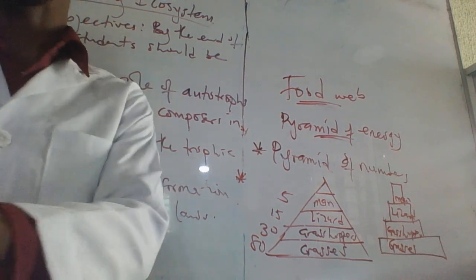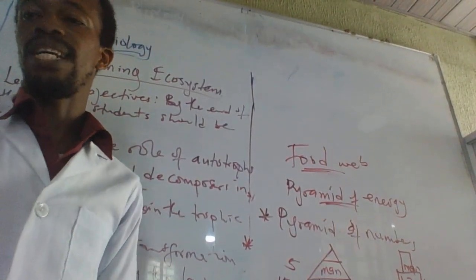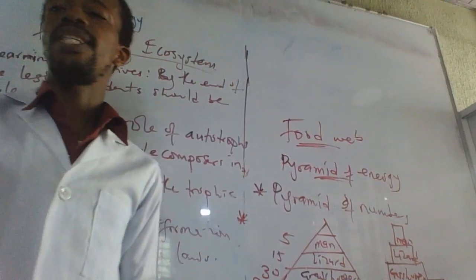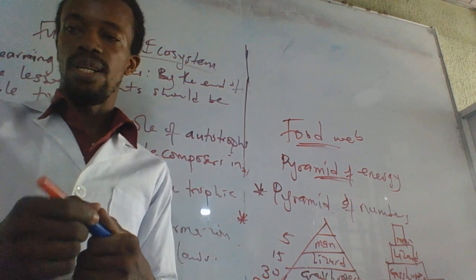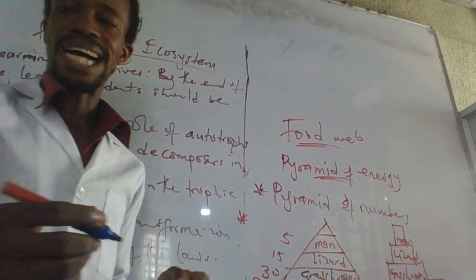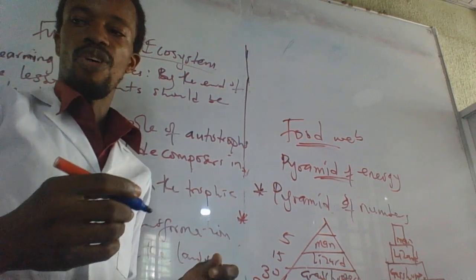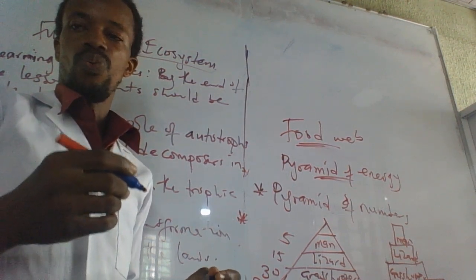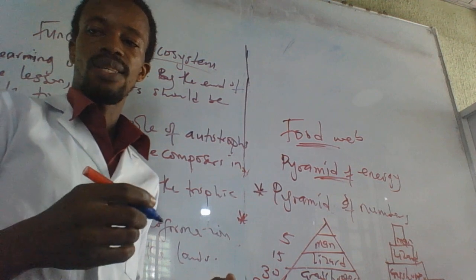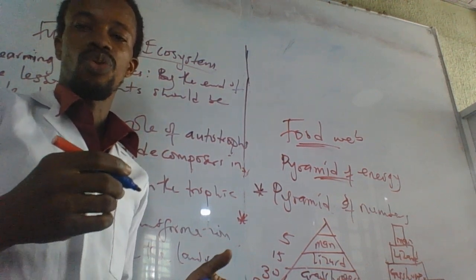Then the next one we have here is pyramid of energy. This is the amount of energy present in the living organisms at different trophic levels of a given food chain, which decreases from the first to the last, from the base of the pyramid to the apex.